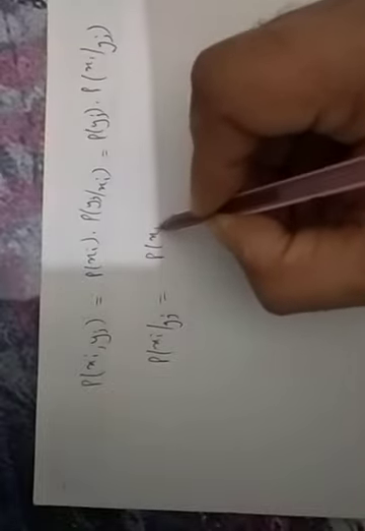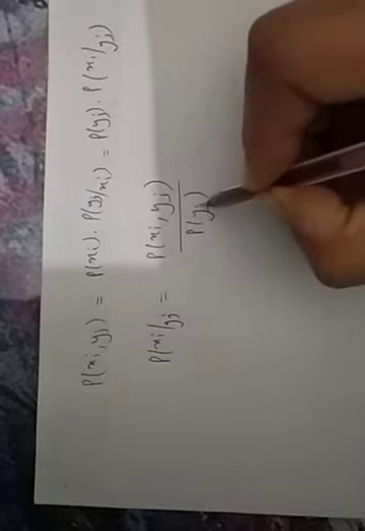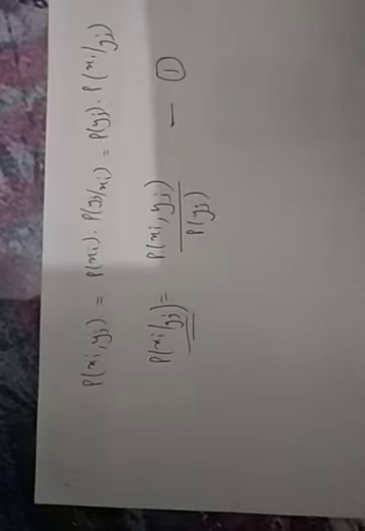The value of P(xi/yj) will be equal to P(xi, yj) upon P(yj). I am denoting this as 1 because we will be using it inside our formula to develop channel capacity.